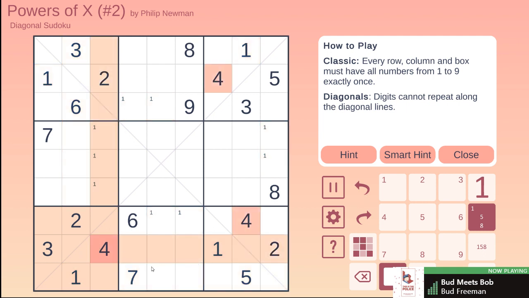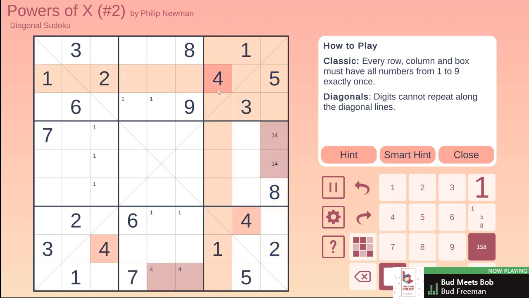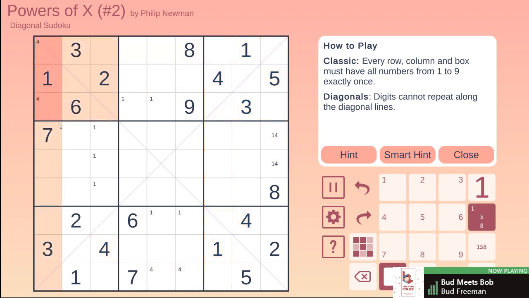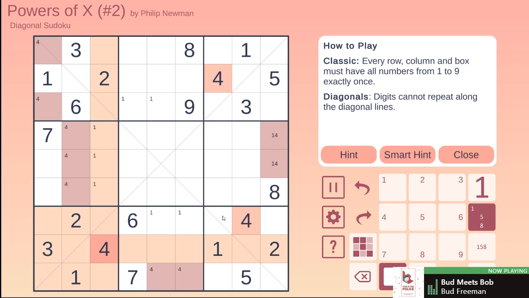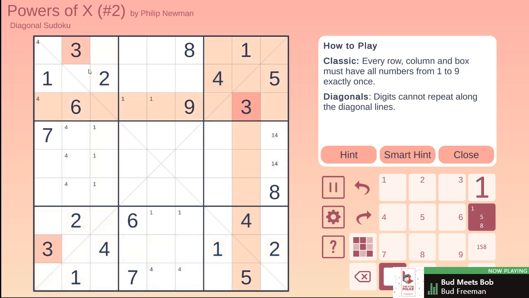What about 4s? 4. 4. So this is a 1-4 pair. Okay. 4 has to be one of these. And 4 can be any one of these. Okay. 3s could be one of these. One of these.